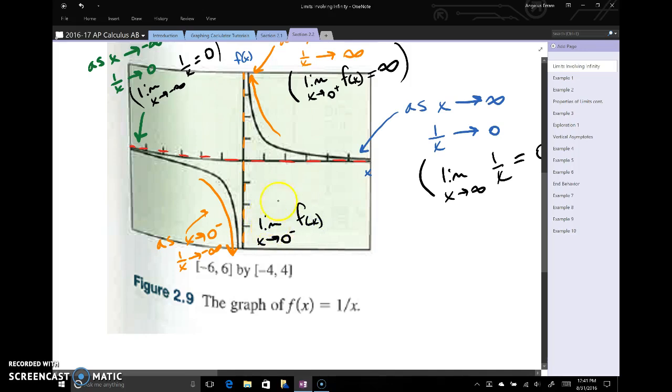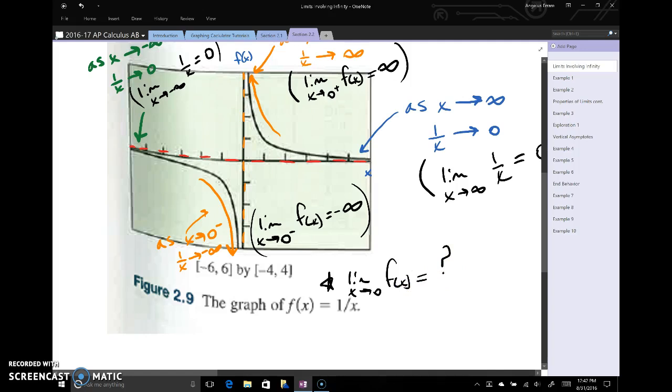So we've got the limit as x approaches 0 from the left of f of x is equal to negative infinity. Since these two limits don't match each other, we cannot write the limit as x approaches 0 of f of x equals something, right?